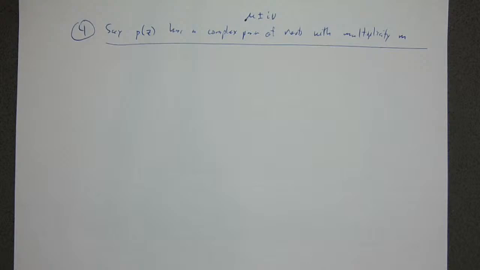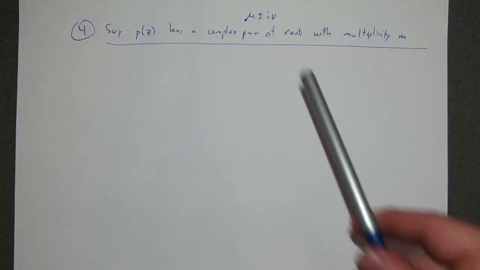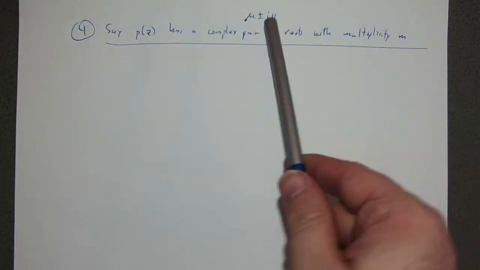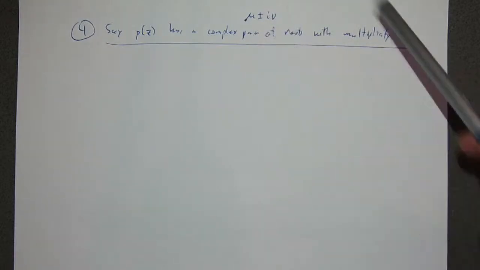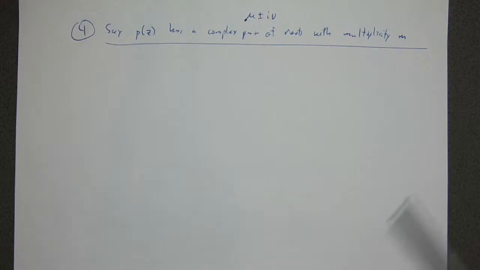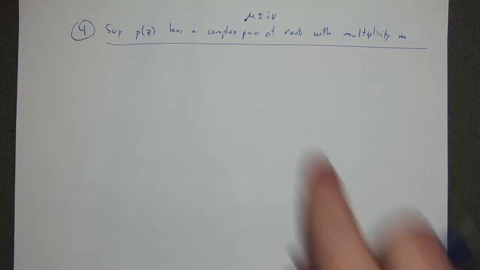Then remember, a complex pair is technically 2 different roots. So this would be really 2 roots of multiplicity m, which is going to give me 2m total solutions that I should assign here.